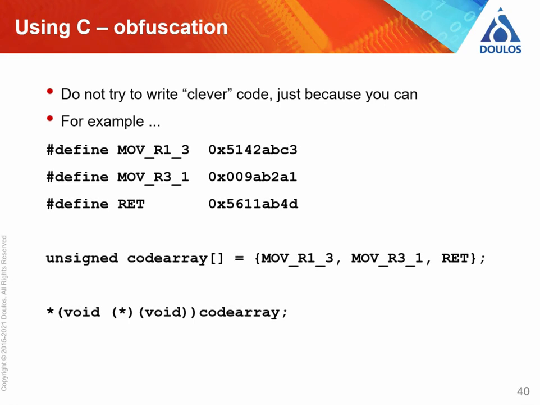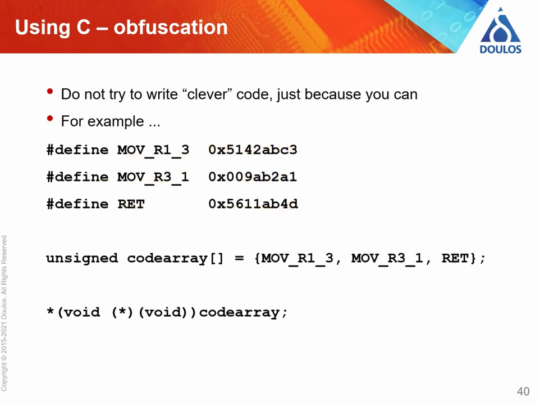So what we have now is we've declared those 3 numbers as constants. Okay, so we've got a name, move r13, move r31, and ret. So that might be giving you a bit of a clue, because those numbers actually correspond to machine instructions.